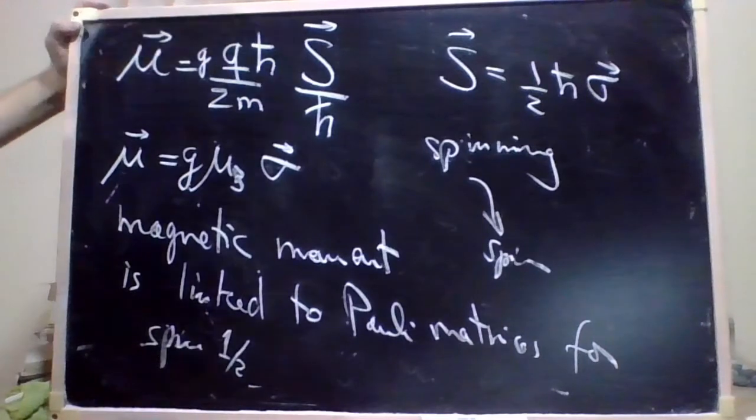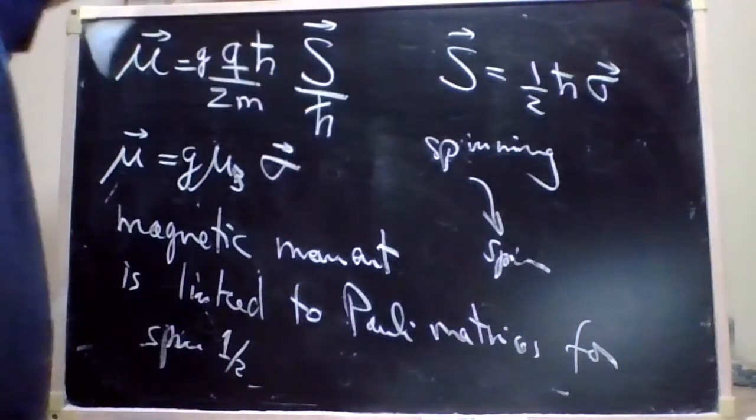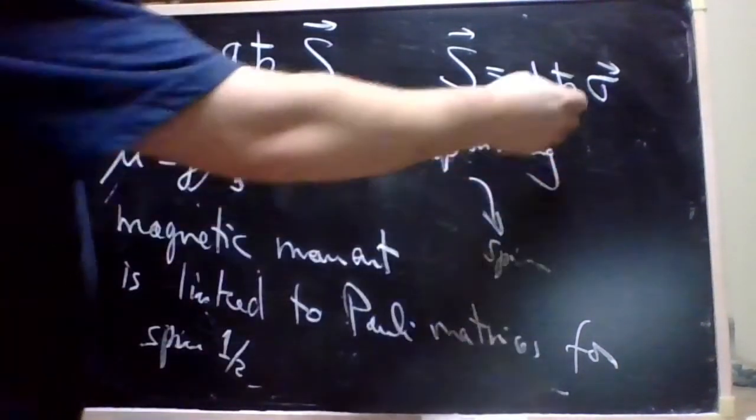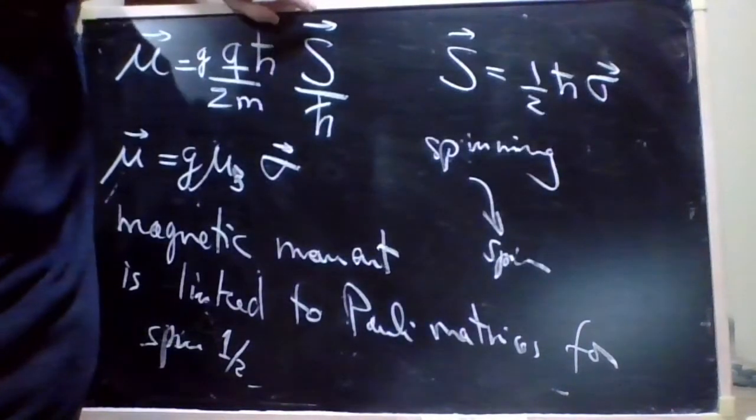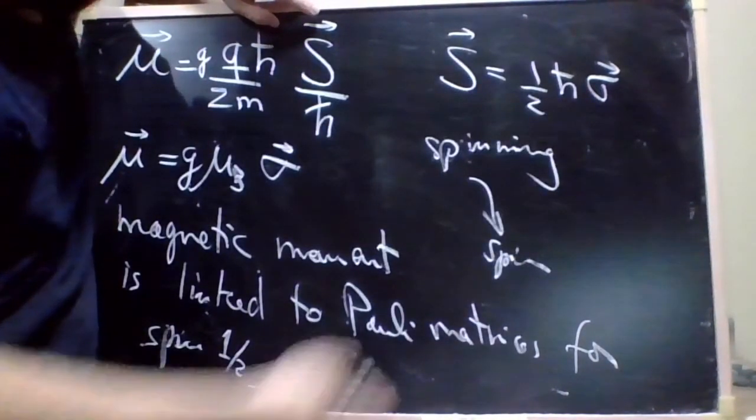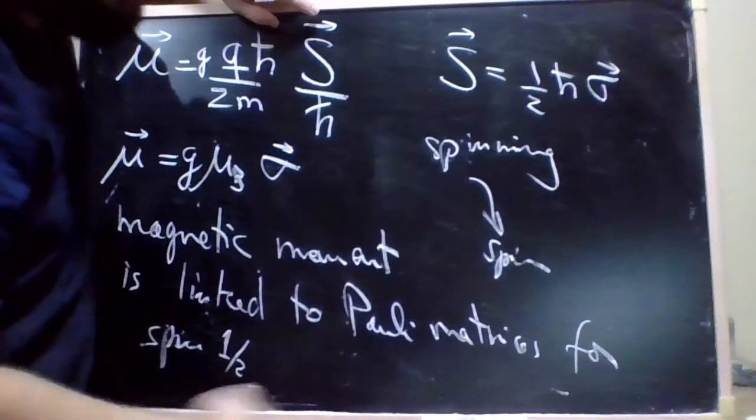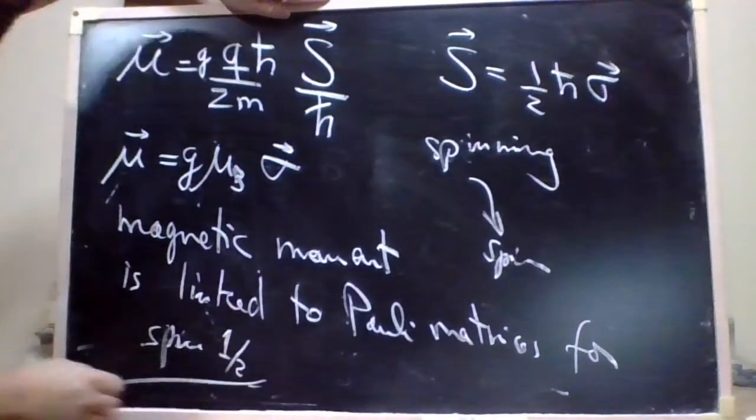It is called spin 1/2 because when you measure that thing, you find that in units of h bar, divided by h bar, you measure plus 1/2 and minus 1/2. That's the origin of the name, spin 1/2.